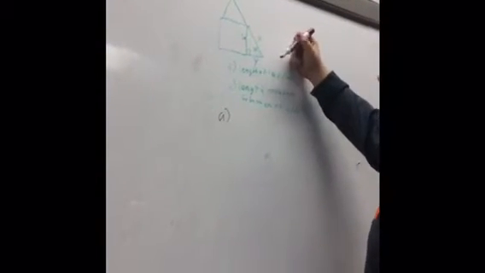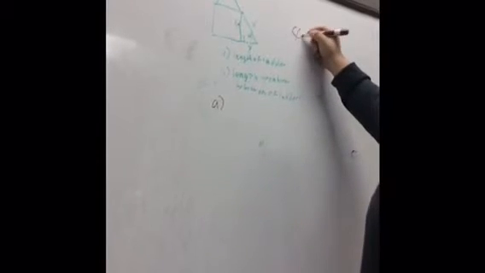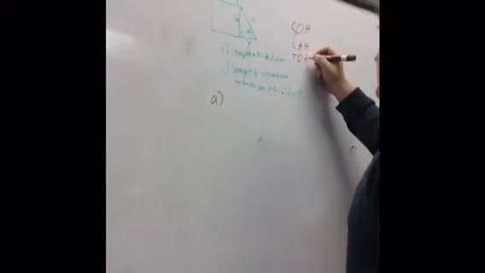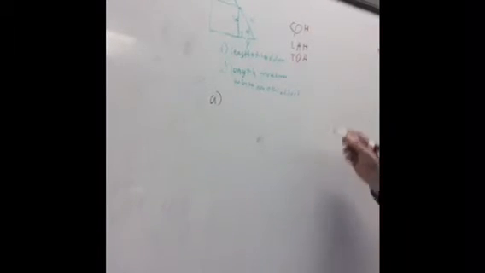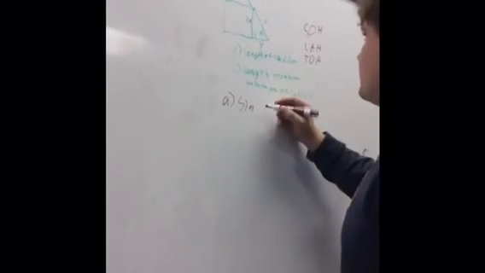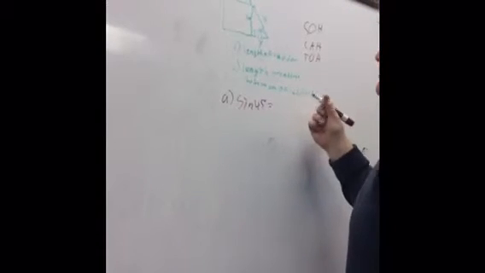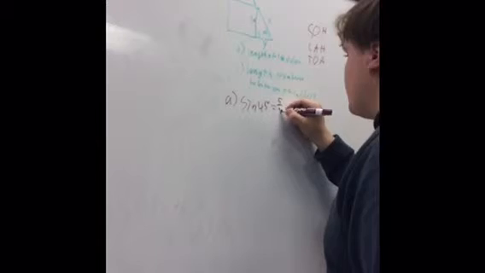We look at it and find the easiest way to do it, which is to look at your SOHCAHTOA. Figure out that since that's the opposite and you want to find the hypotenuse, you would use sine. The sine of 45 degrees equals 5 over x.